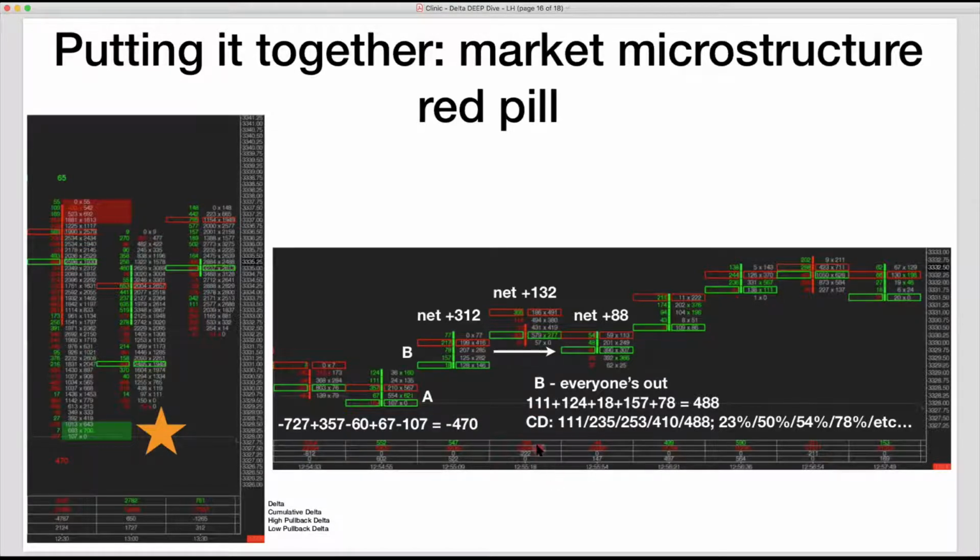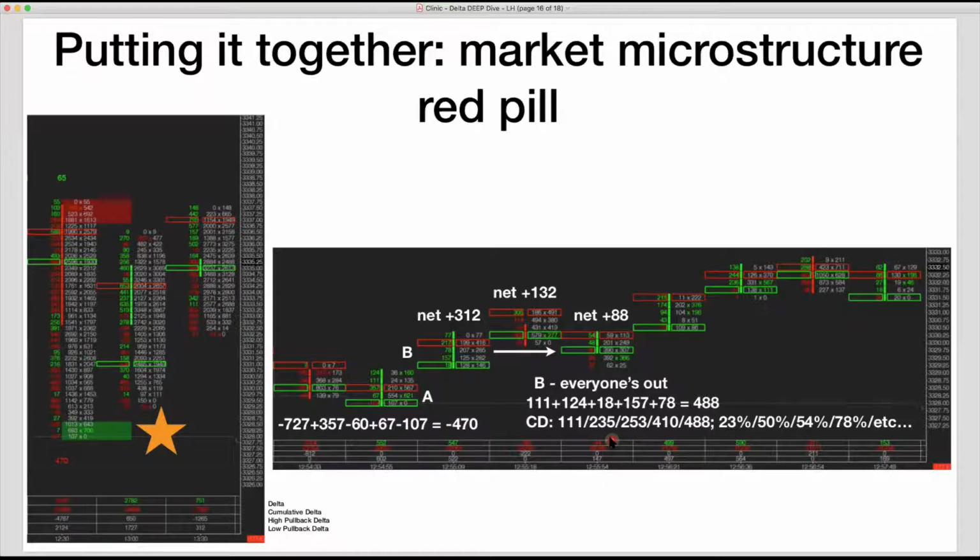This candle actually had negative delta, so I can simply say subtract 180 from 312 at this position, I'm net 132, but we're still net long compared to where we were down here, even after this has resolved itself. This candle came down into this area. As it closed, I'm still net 88, even with negative delta.